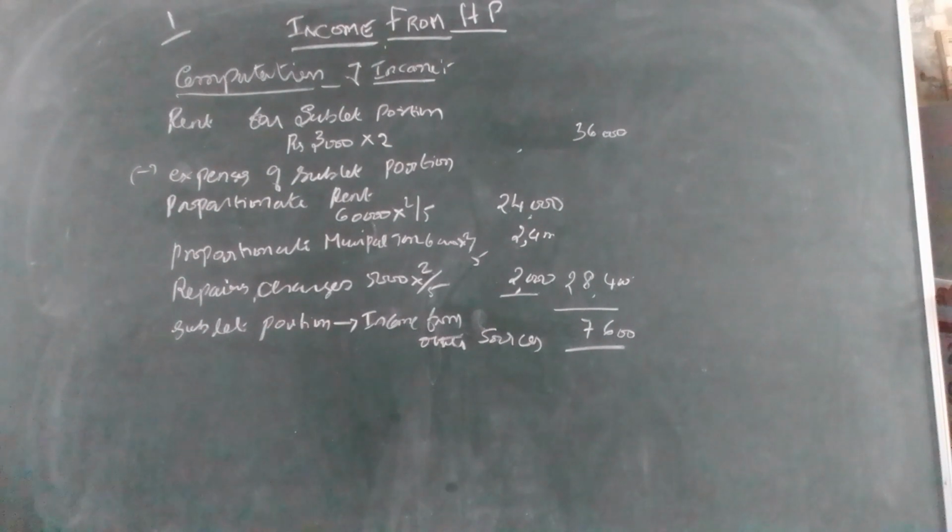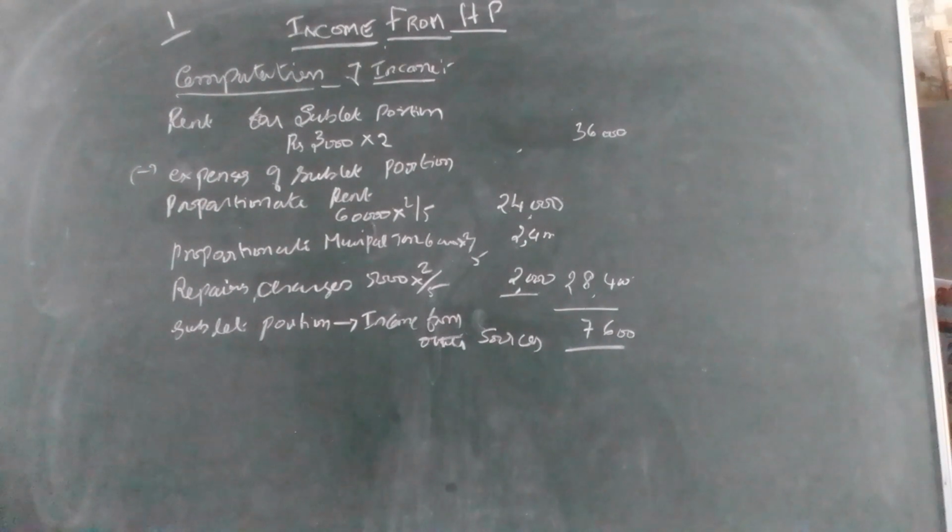Wrongly I mentioned it as 2, but you should make the correction: 3,000 into 12 is 36,000. Minus the expenses for that sublet portion. You should deduct the proportionate rent, and the municipal taxes paid and repair charges incurred; all these you will have to deduct.